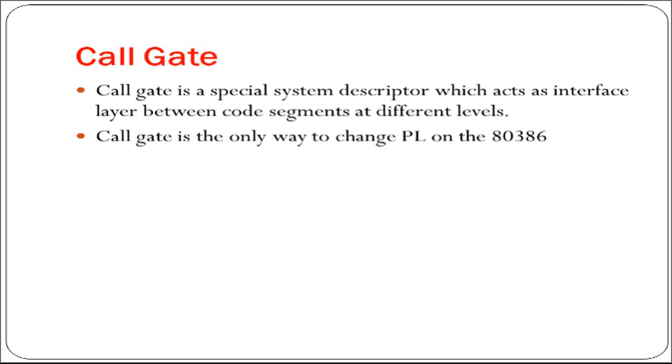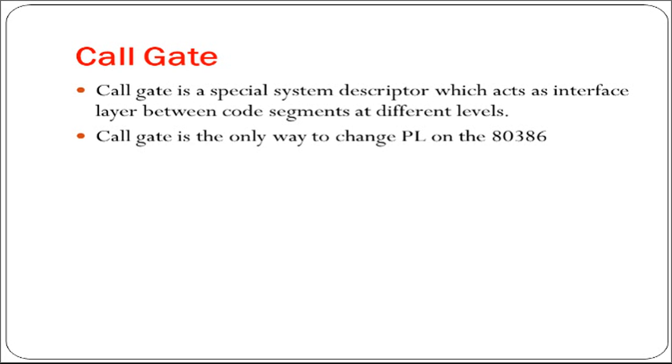Our next method is the call gate method. The conforming code concept allows some degree of freedom for changing the privilege level, although it is not actually going to change the privilege level.